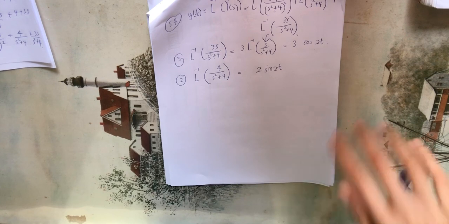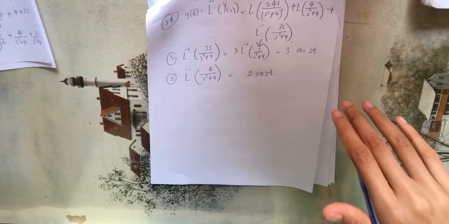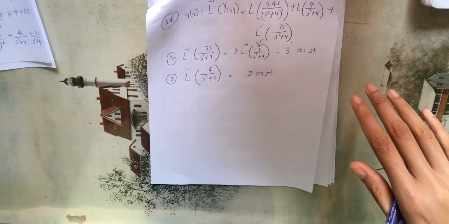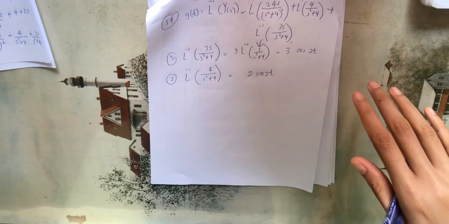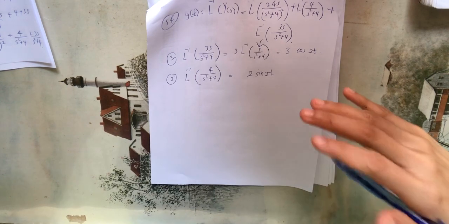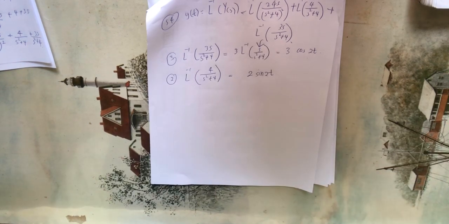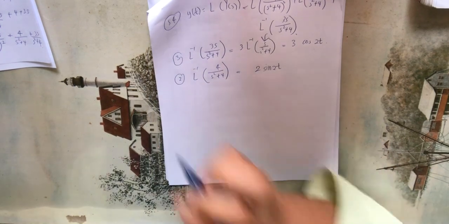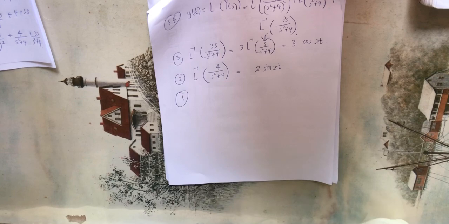I don't want to explain again how I get it because I already explained it, if I'm not mistaken, in the earlier video. This is the basic thing that you need to know before we go stage by stage until these topics.